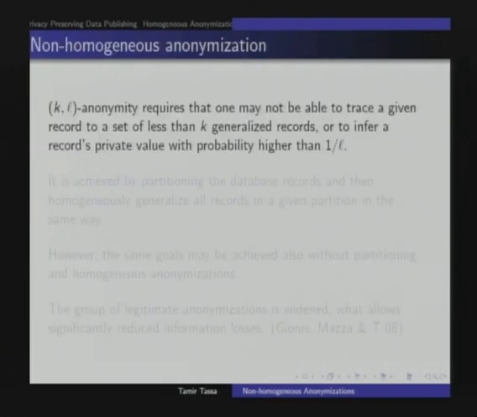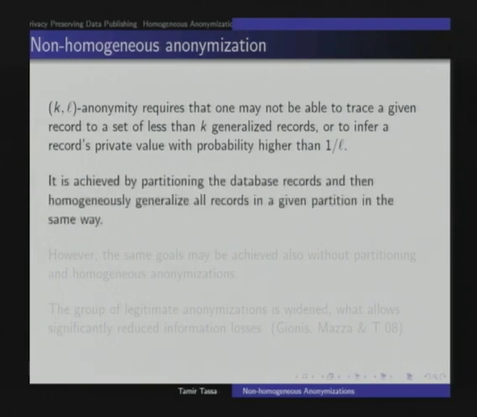So let's repeat the main issue. K-anonymity requires that one cannot trace a given record to sets of less than k generalized records, or infer a private value of a record with probability which is higher than 1 over L. And it is achieved by partitioning the records of the table into groups of records, and then within each group, or block or cluster, whatever you want to call it, all records in that group are generalized in the same manner.